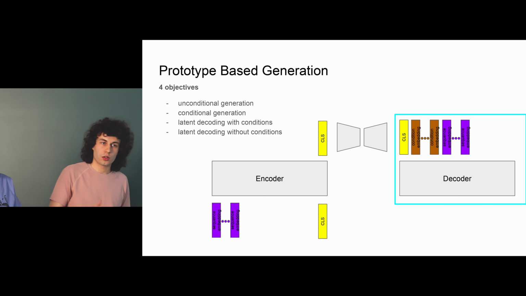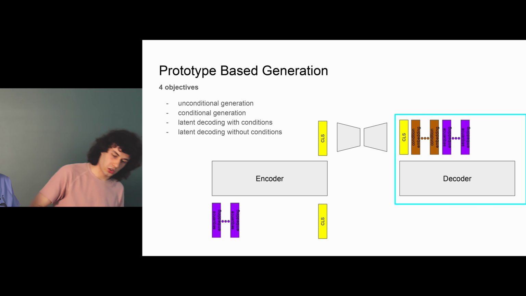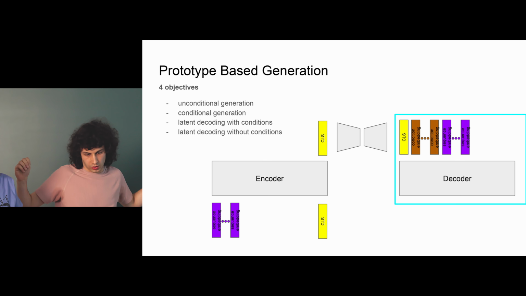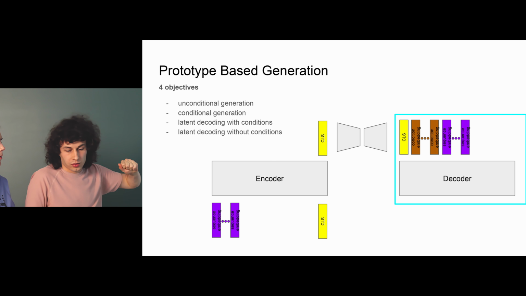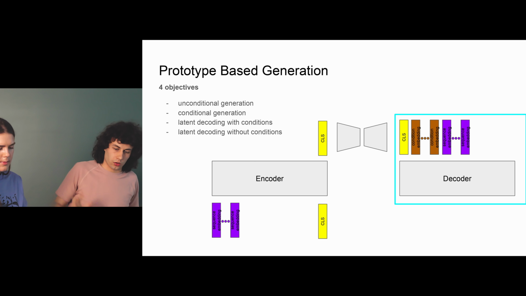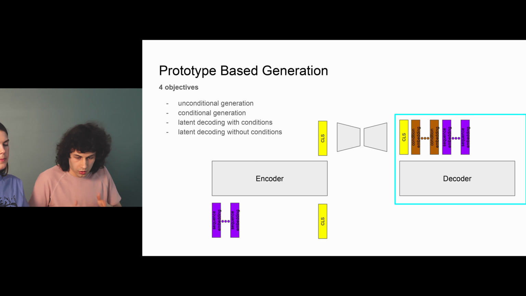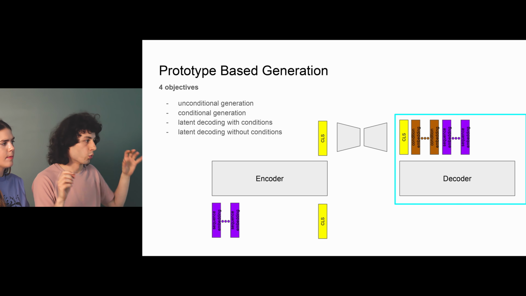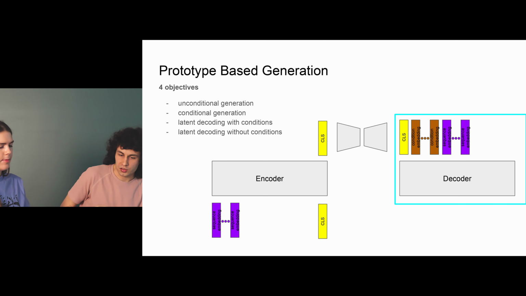So as I said, we took pretty much the same model, but we used it both as decoder and encoder. In the encoding part, we only changed the attention pattern so that it's all to all attention, and then extracted the pooled embedding of the peptide and obtained the CLS token embedding, which was then passed through the latent module, which allowed us to extract the latent representation for this peptide.